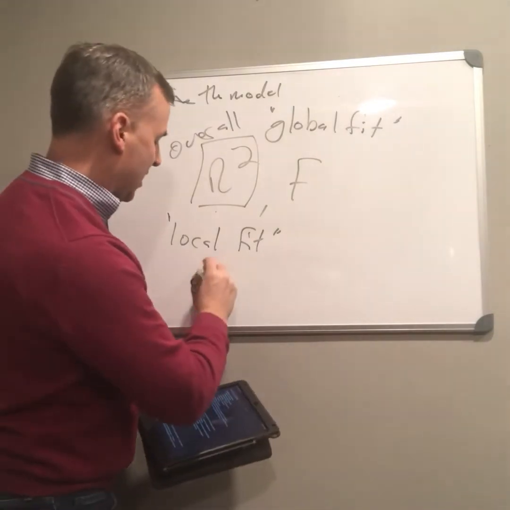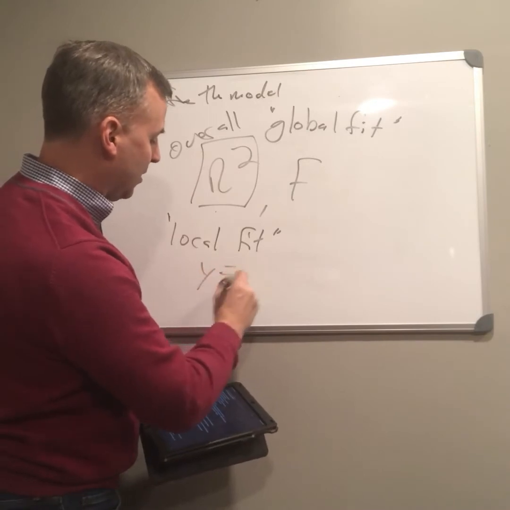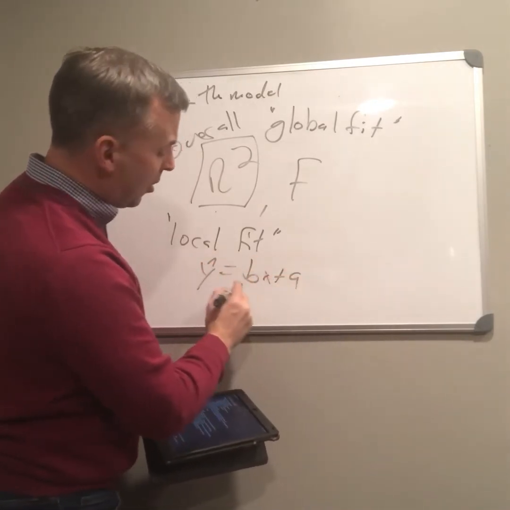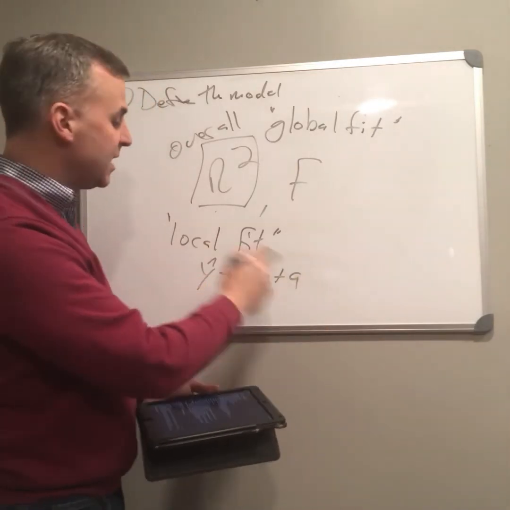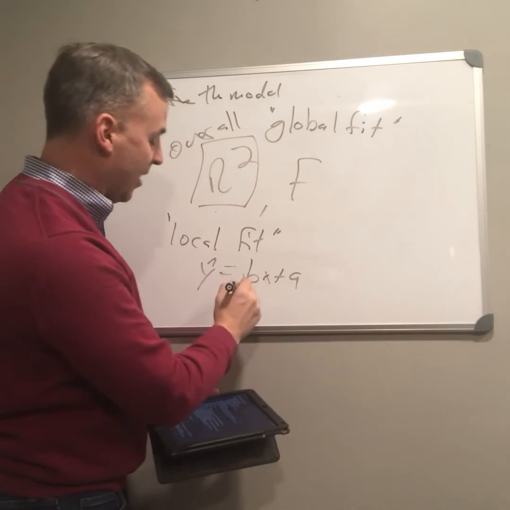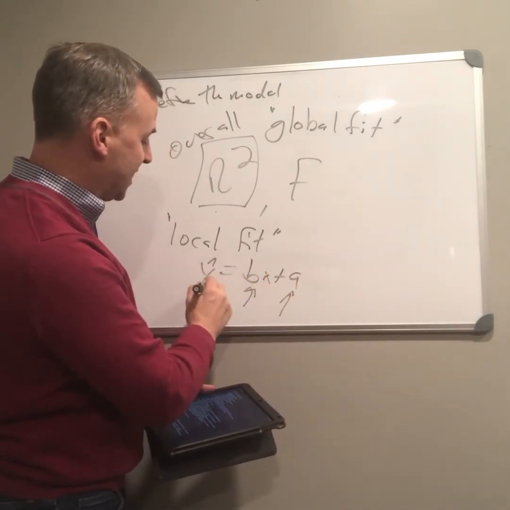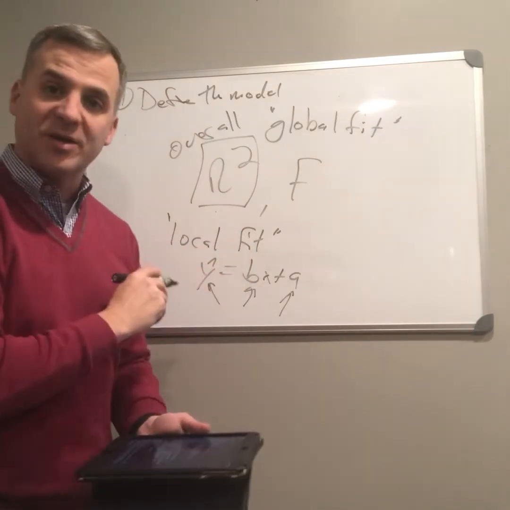So if you have y equal to bx plus a, overall, how well this model fits the data comes from R squared. That's the global fit. But then when we estimate what is b, what is a, what is the estimate of any particular y hat, these are local fit questions, right?